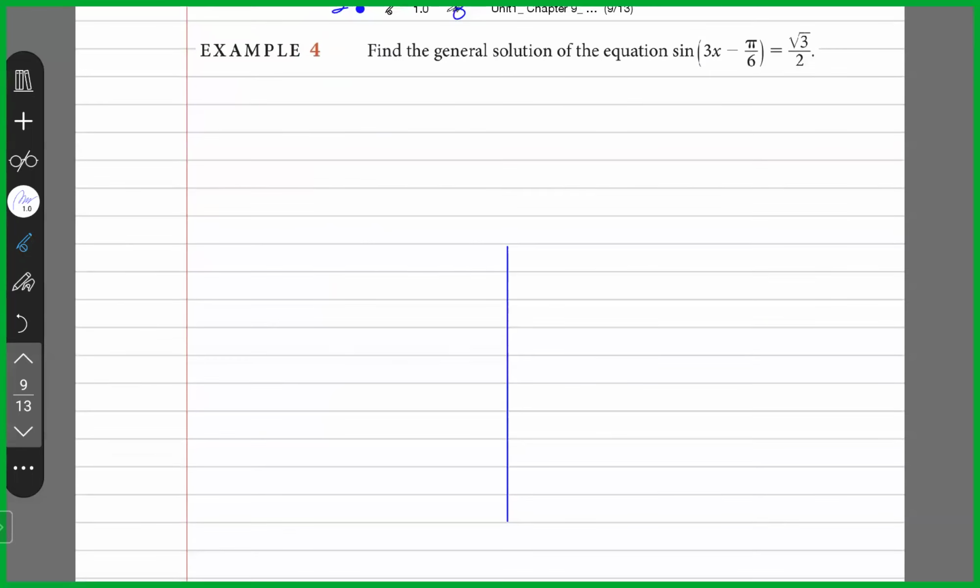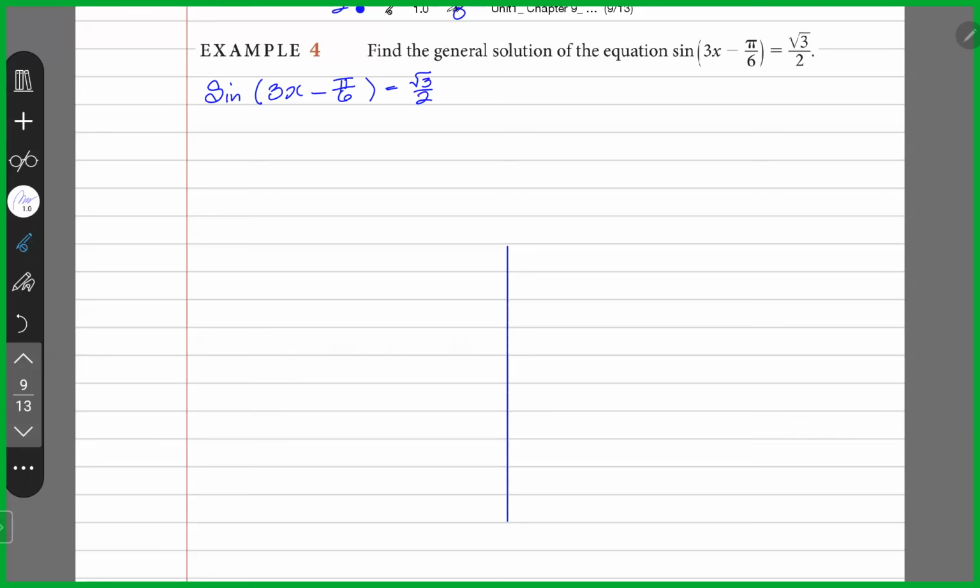Example 4 says, find the general solution of sine 3x minus pi by 6 is equal to root 3 over 2.